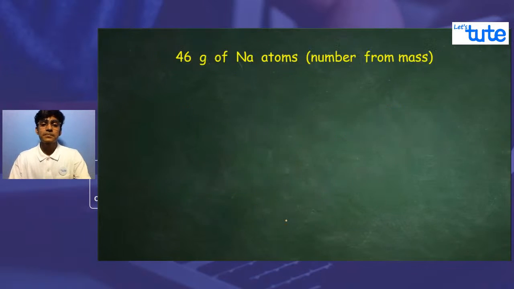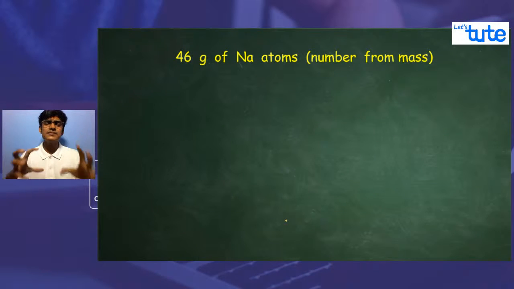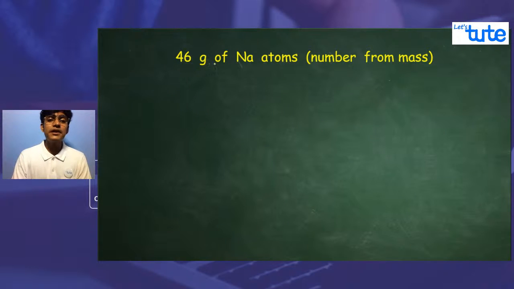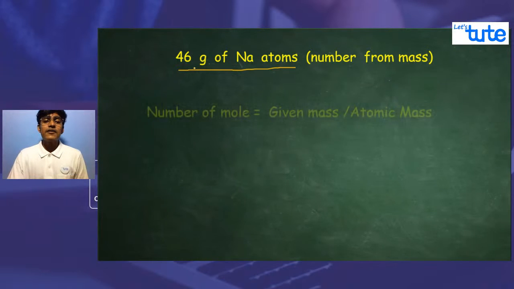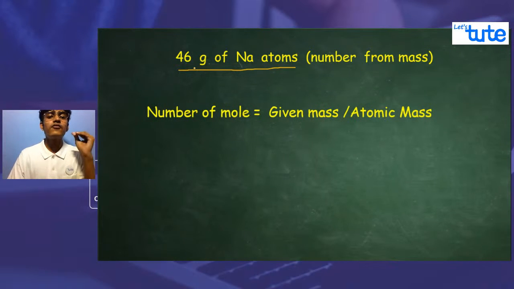We have one more sum. Actually, these sums are very tricky, but we are trying to understand them in a very simple way. In this example, they have given 46 grams of Na, that is sodium atoms. This is the mass given to us, and we are supposed to find out how many atoms are present in that. First we need to find the number of moles.